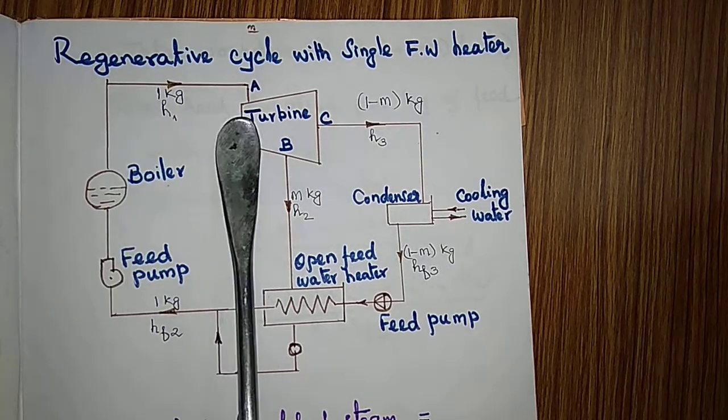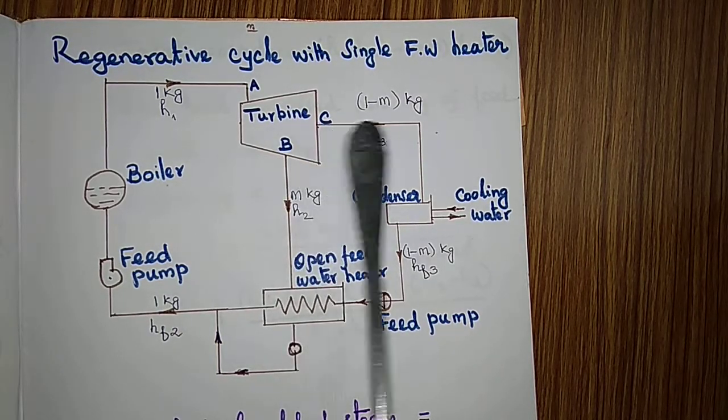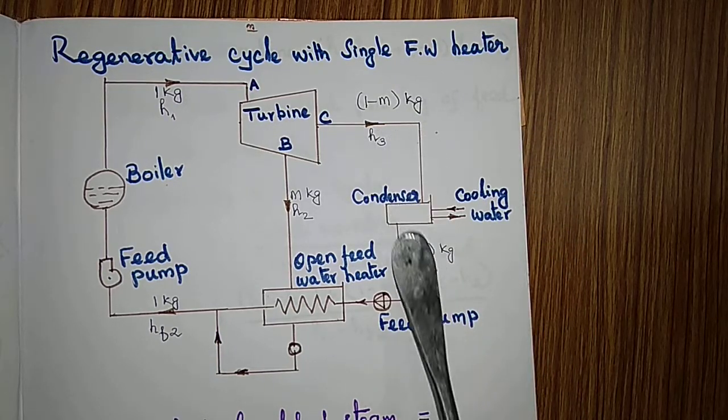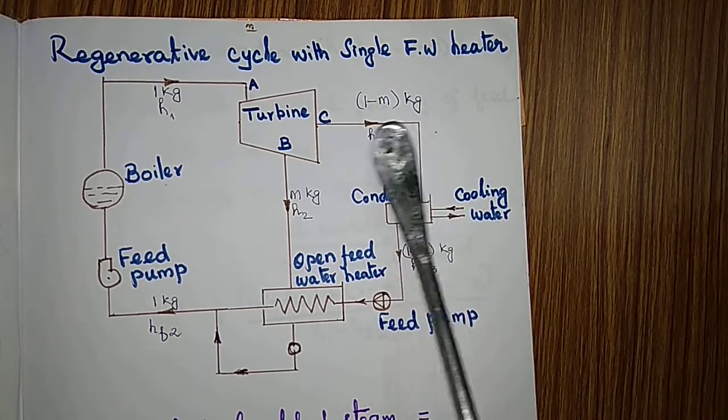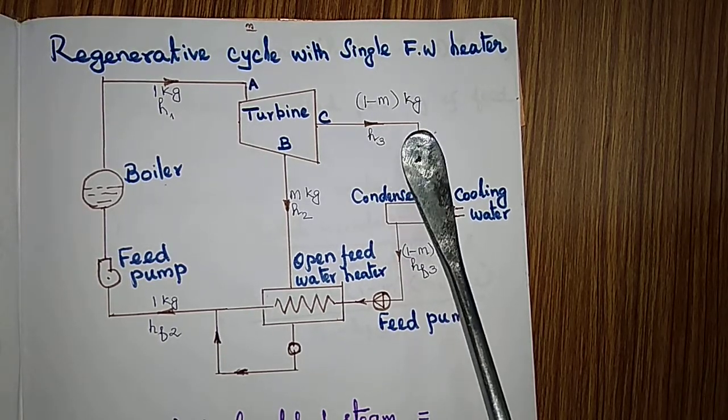So 1 kg is entering at point A, m kg is leaving at point B, 1 minus m kg is leaving at point C. So 1 minus m is coming in this side. So this H3 is the exhaust steam enthalpy, the final stage.